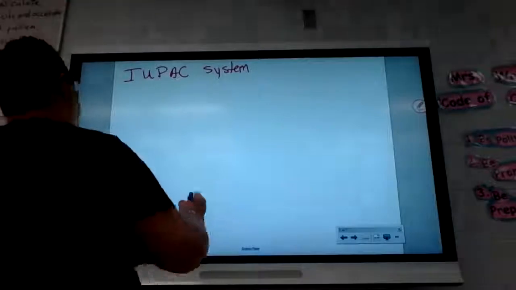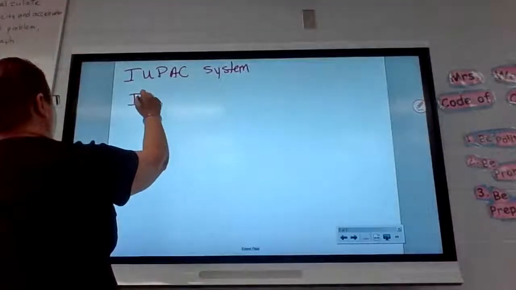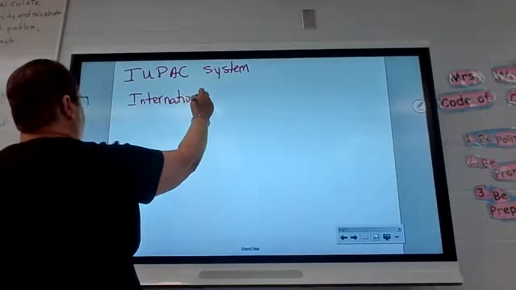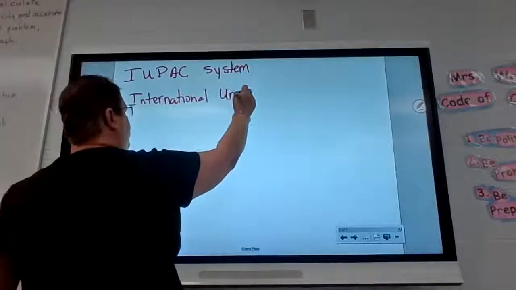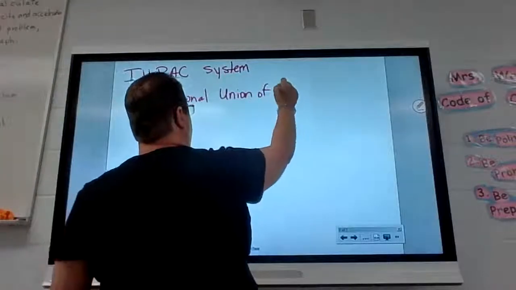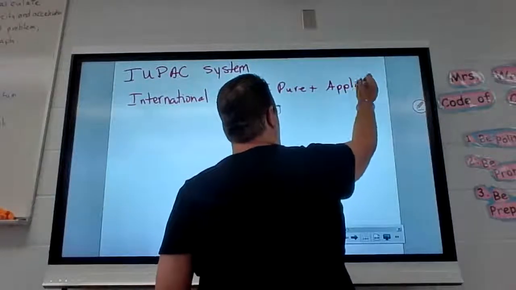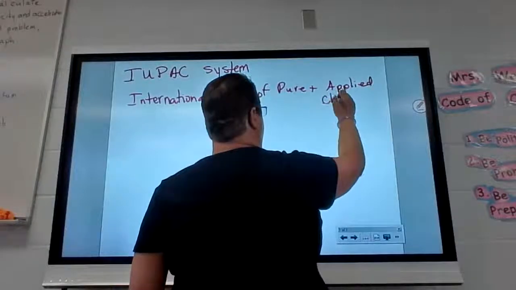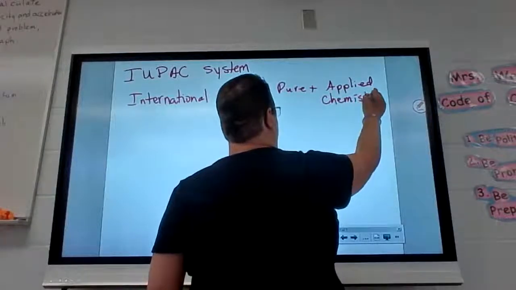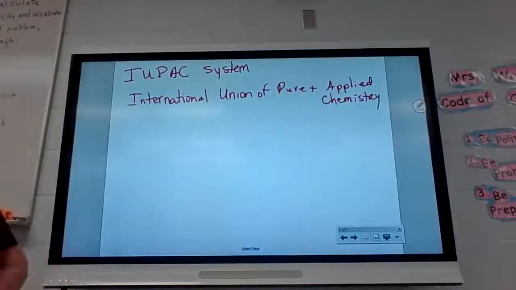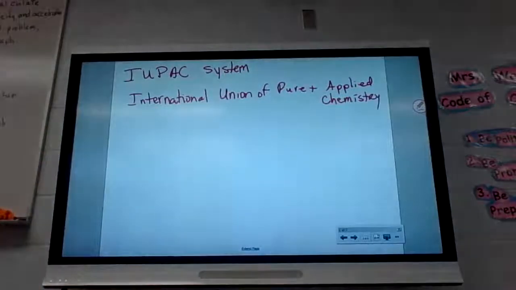Yeah, I did. It's called the International Union of Pure and Applied Chemistry. Okay, so everything we're doing falls under this heading. So when you see it in a test question, just ignore it and keep going.